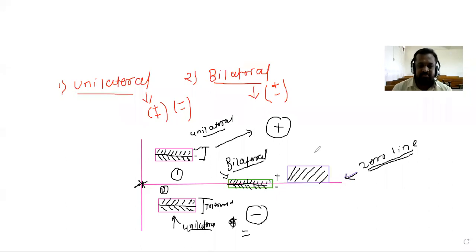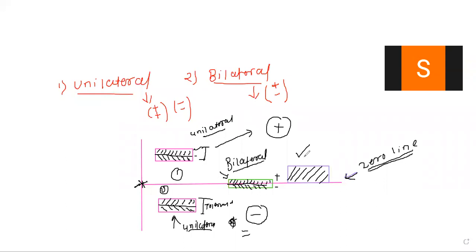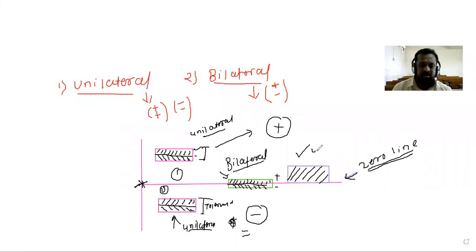And then what is this? Unilateral. Yes, it is unilateral. Why? Again we are showing like this here. Suppose this is the upper limit and this is the lower limit. Both are in the positive direction.